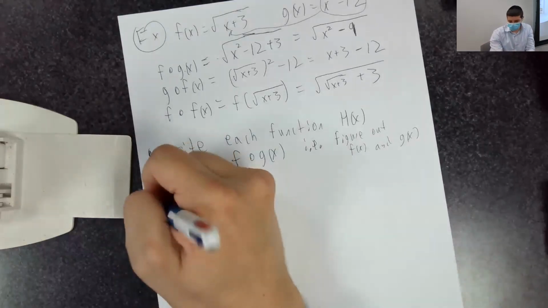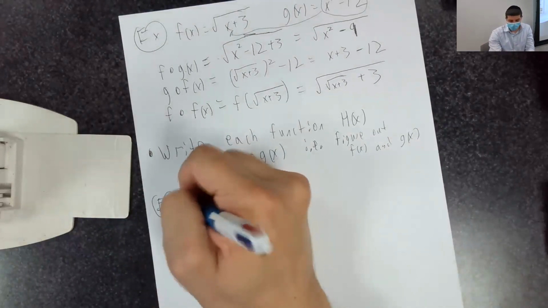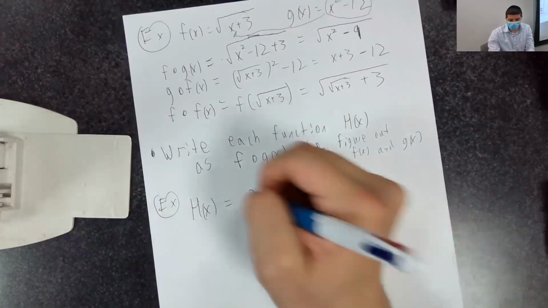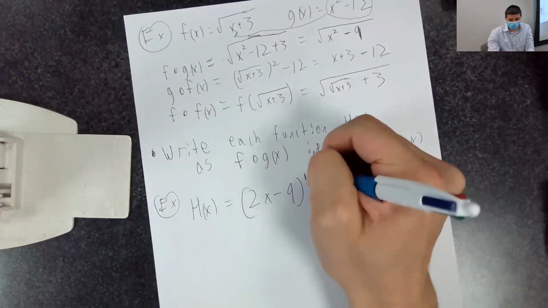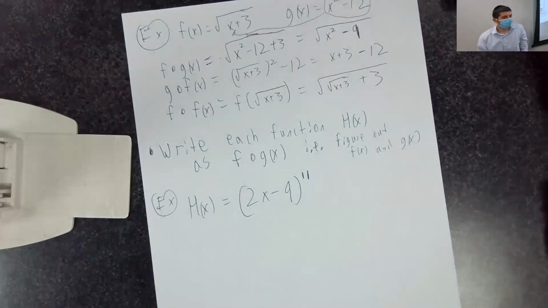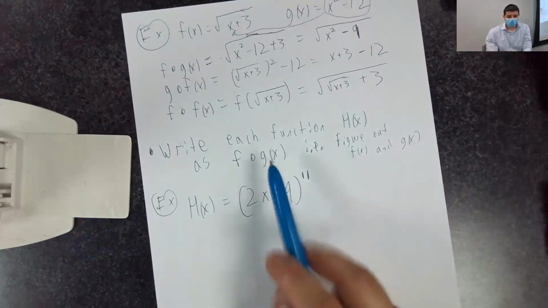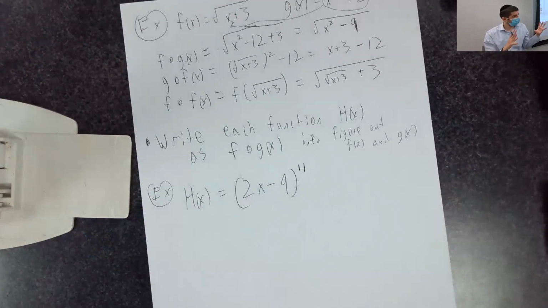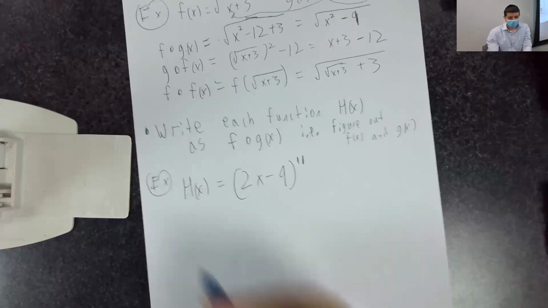So for the first example, h of x is equal to 2x minus 9 raised to the 11th. You have to figure out what's the inside function, which is little g, and what's the outside function, which is little f.